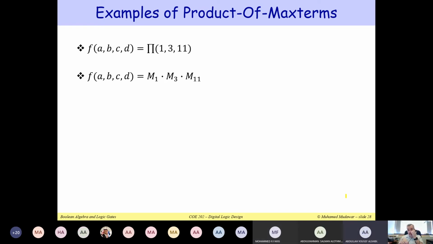A or B or C prime or D prime. Excellent. And about max term 11? A prime, B, C prime, D prime. Where is the or? Or between them. Yeah, so you tell me again. So what's max term 11?